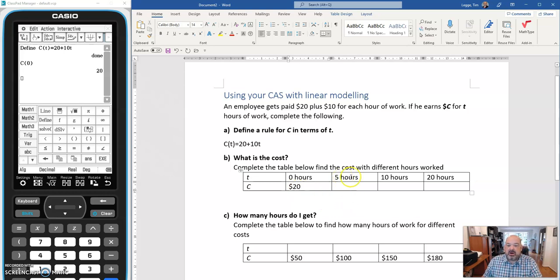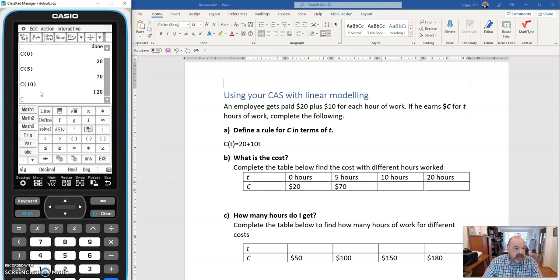How much is it going to cost if he works 5 hours? Let's type C of 5. There we go. He's going to earn $70. What about if he works 10 hours? Let's go C of 10. He gets $120.